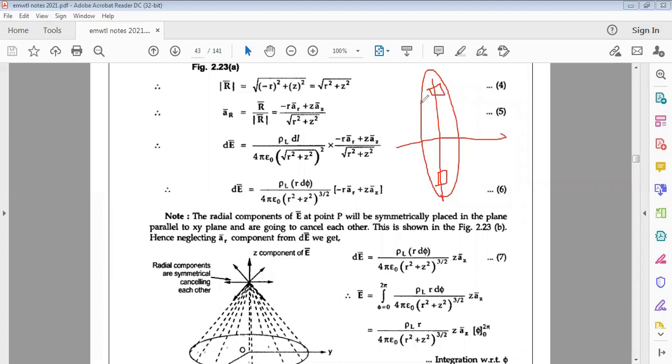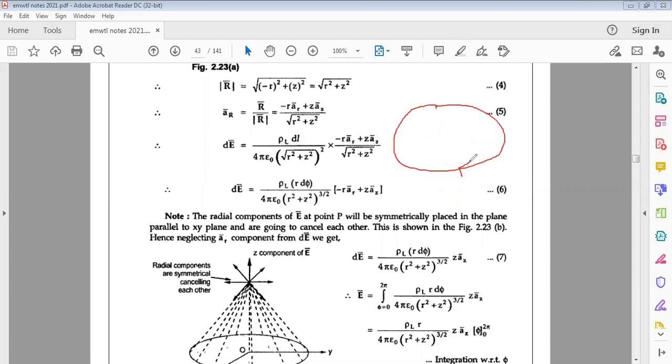We are eliminating the z component there. Similarly, here also, a circular ring having a small differential length on this, and here it is in the positive direction, and there is another differential element dL which you can also consider. Both get cancelled at the equilibrium condition.